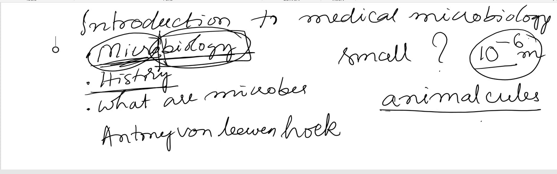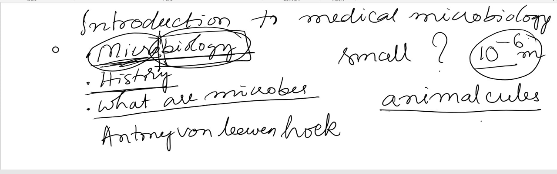It was a slow development, and then the era began of discovering different cells, bacteria, viruses, and so on. This is not a lecture about the history of medical microbiology, so we will not go into the details. Now I would like to mainly discuss the microbes.